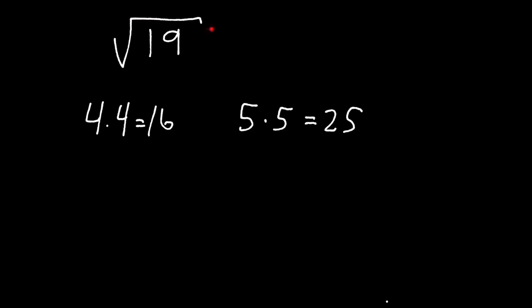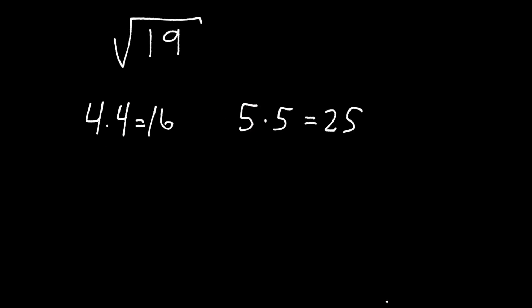So the square root of 19 has to be between 4 and 5 because the perfect square of 4 is 16, the perfect square of 5 is 25, and 19 is between 16 and 25. Now we can say that 19 is closer to 16, so the square root of 19 is probably going to be closer to 4 than it is to 5.